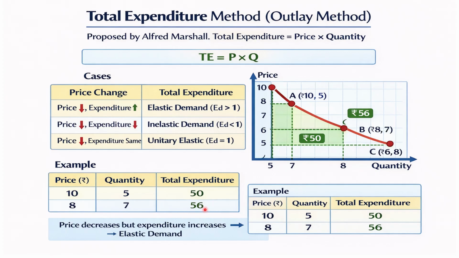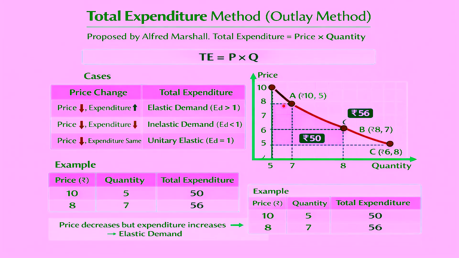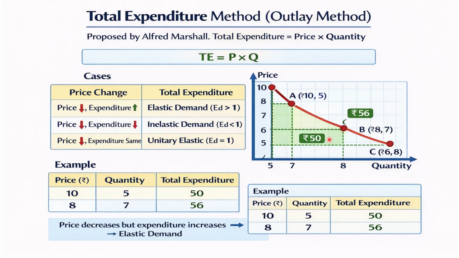Just see the table and this particular diagram. When the price is 10 and quantity is 5, the total expenditure is 50, and when the price decreases, quantity will increase to 7, and the total expenditure will increase to 56.